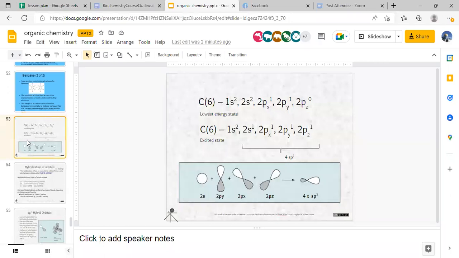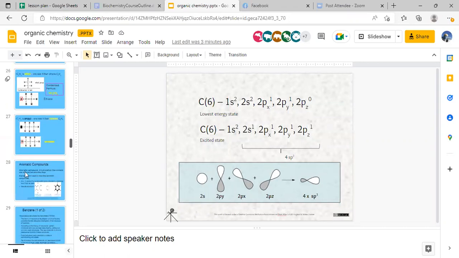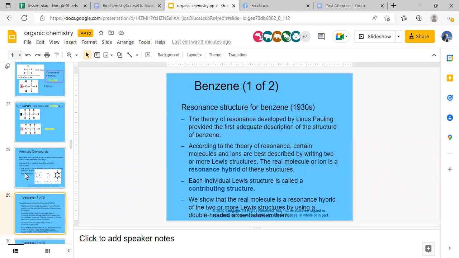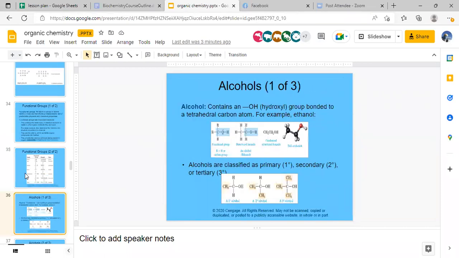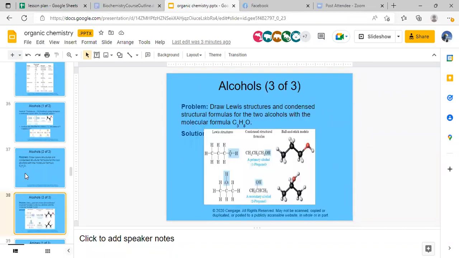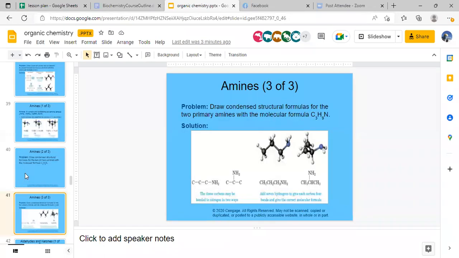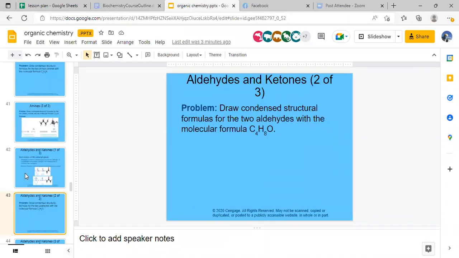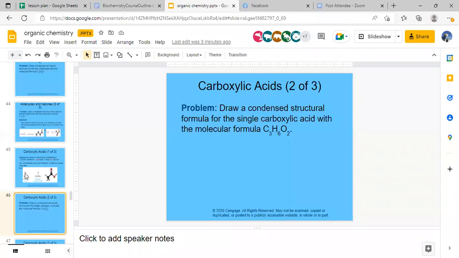Sir, bali for problems lang po ba yung assignment? Anong problems ba yan? Isa-isa natin. May alcohol. So, line structure nung alcohol, amine, aldehyde, carboxylic acid.